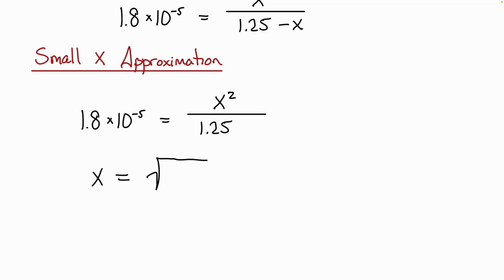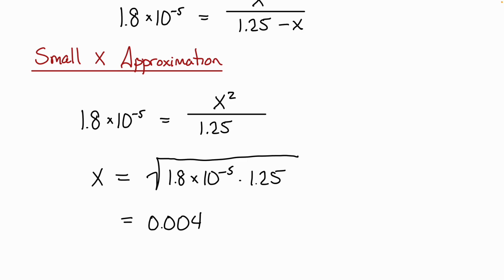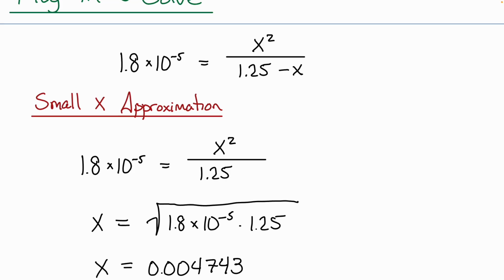X is equal to the square root of that Ka value times that initial concentration, or 0.0047, something. We'll leave it at that. So that's my value of X.